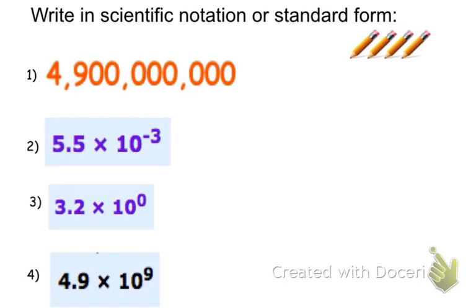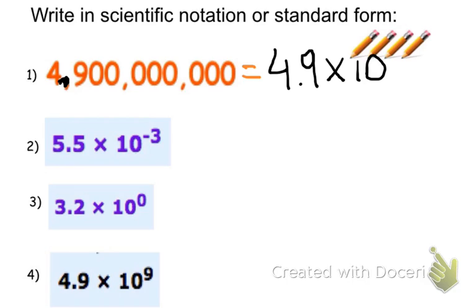Our first step to write it in scientific notation is to create a coefficient that's between 1 and 10 but less than 10. So if we were to place our decimal anywhere between these numbers to create a number that's between 1 and 10, our decimal would go between 4 and 9, which gives us a coefficient of 4.9 times 10 to some power.